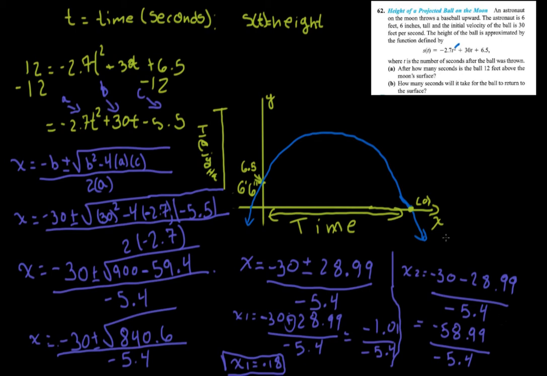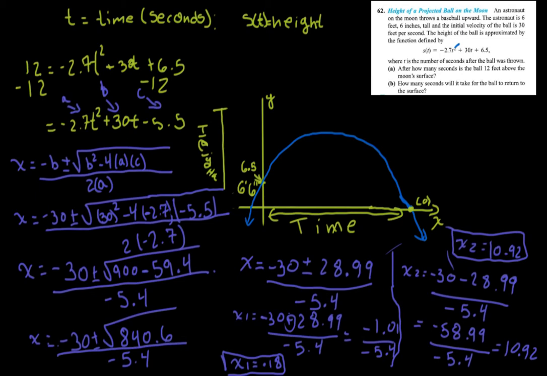So our answer for this one is positive 10.92. So I'm going to write here that x2 equals 10.92. So comparing our two values, which one do you think is going to be our answer?